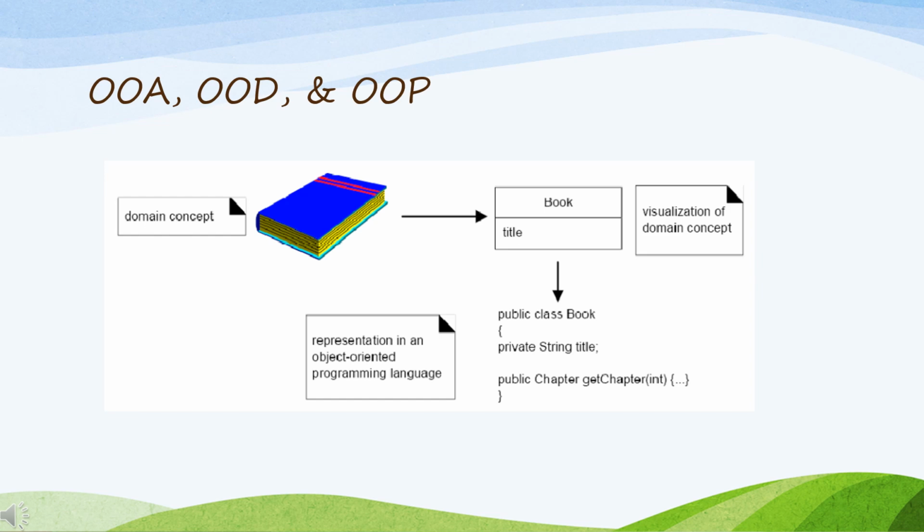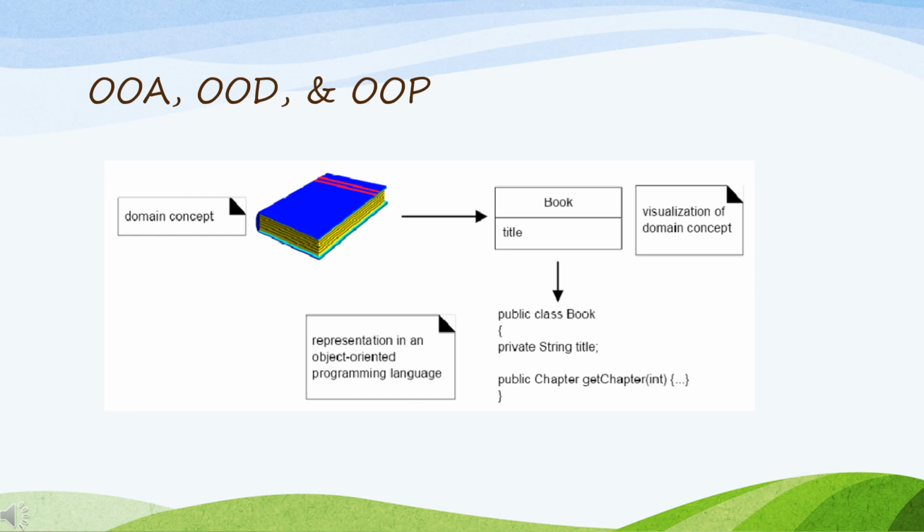Okay, get to know this topic. We would like to introduce to you the different terms between OOA, OOD, and OOP. In OOA, we find and describe business objects or concepts in the problem domain, while OOD, which is object-oriented design, we are defining how these software objects collaborate to meet the requirements, attributes, and methods, while OOP is the implementation part.